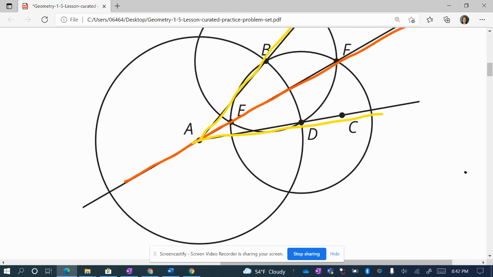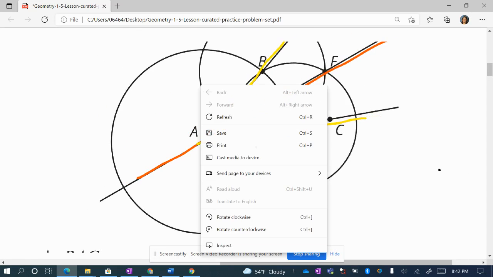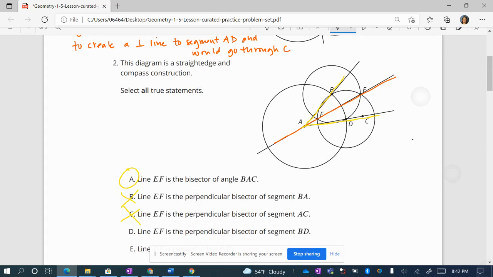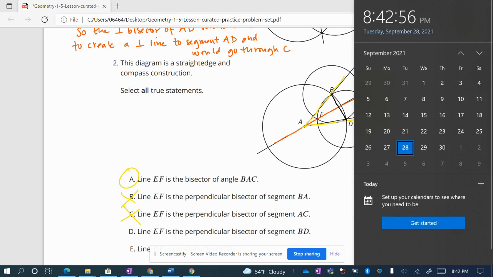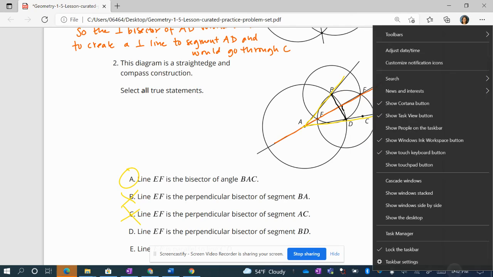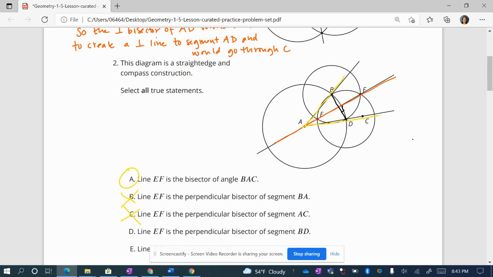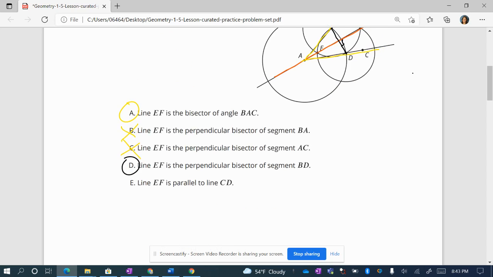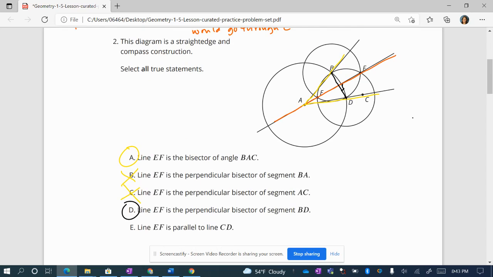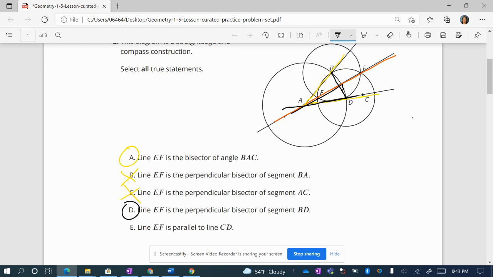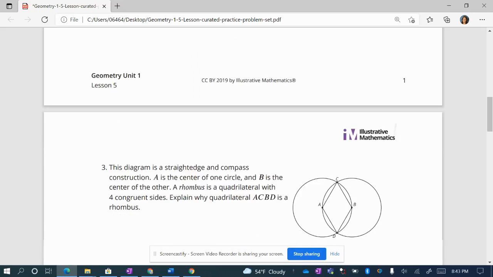Thank you for zooming in. Did not mean to. If that segment was drawn, yes, that red line not only cuts it in half, but makes a little 90 degrees right here. And is line EF parallel to line CD? No, these do not look parallel at all. All right, next problem.